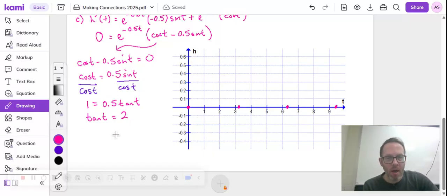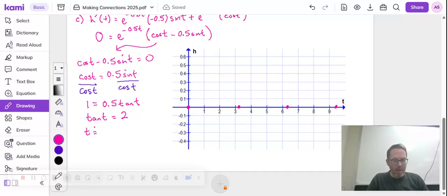So if you guys use your calculators, we should be in radians mode. Our t here is clearly not in degrees, so we're using radians. Approximately, let me get mine too.